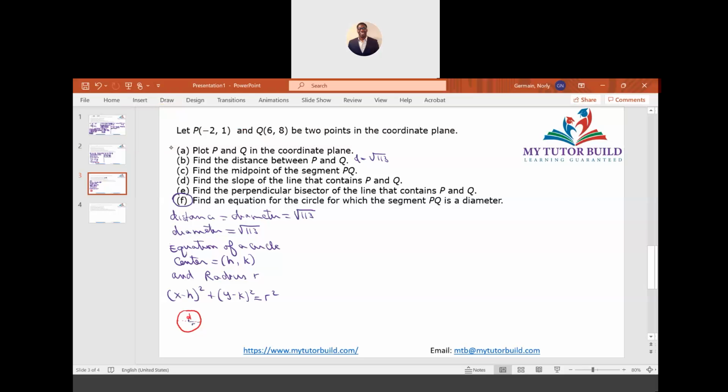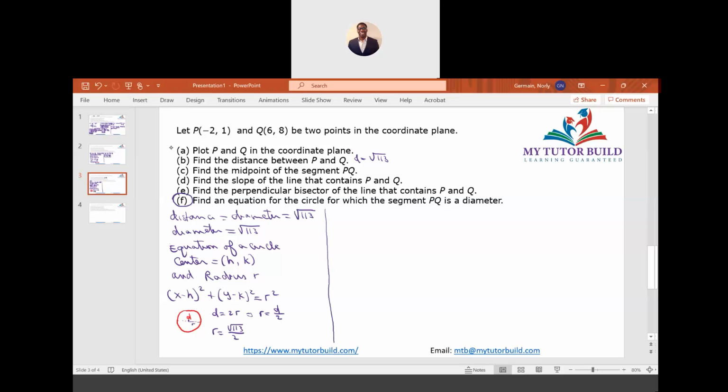So we said diameter is 2r, so r is d over 2. What is r? D is square root of 113, so r is square root of 113 over 2. Now we already have r. Let's continue to find (h, k).